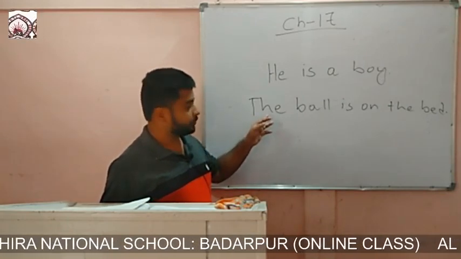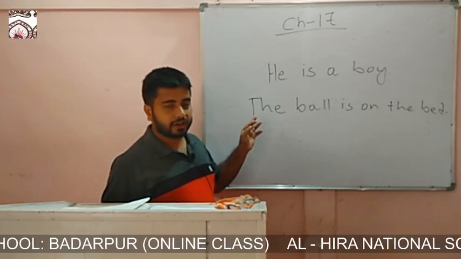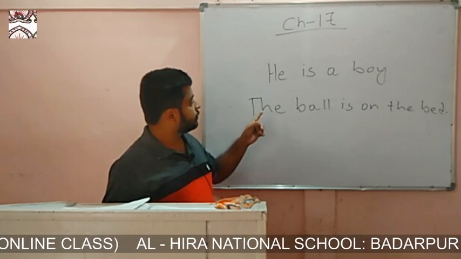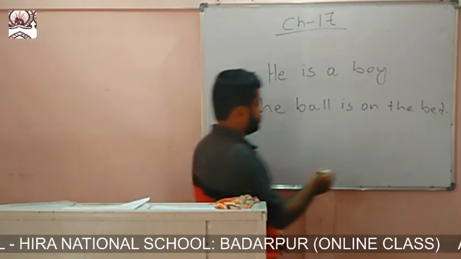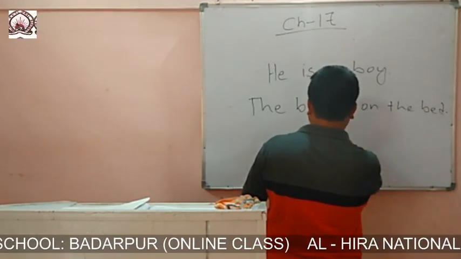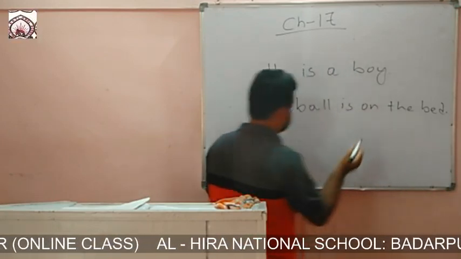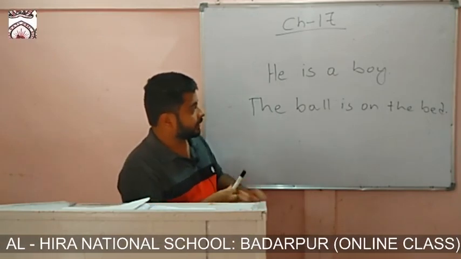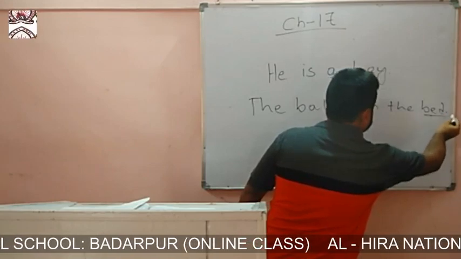So here I have used, as I have told you earlier, that we should always use article before a singular common noun. So here ball is singular common noun. So I have used the. Here bed is also singular common noun. So we have used the.